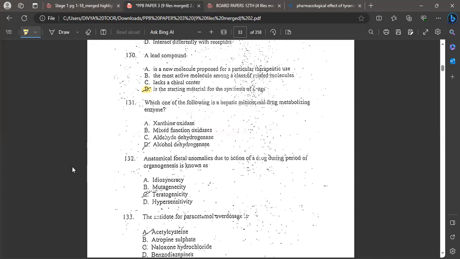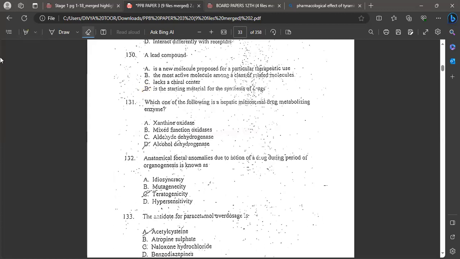It's a new molecule proposed for a particular therapeutic use. The most active molecule that is identified during drug development. So we go with B. That's the most promising one, meaning it has more pharmacological activity than the others, and that is what is taken as the lead.